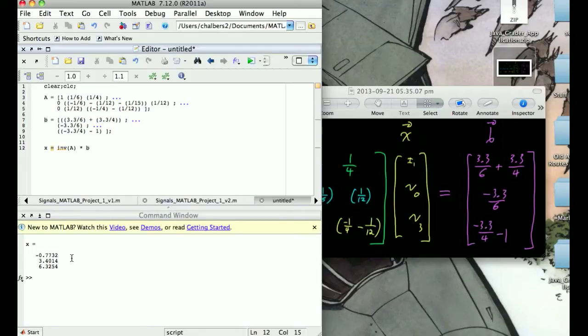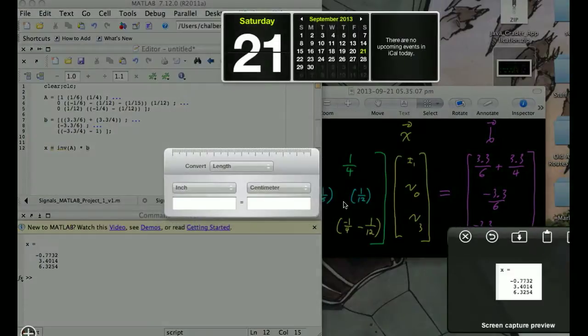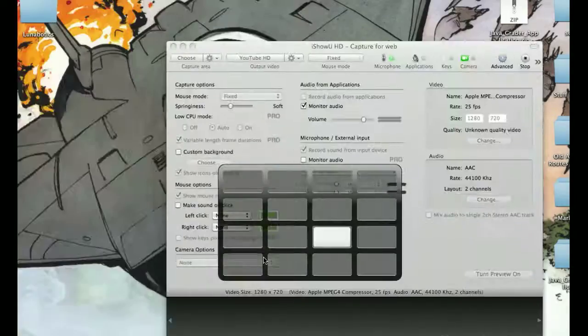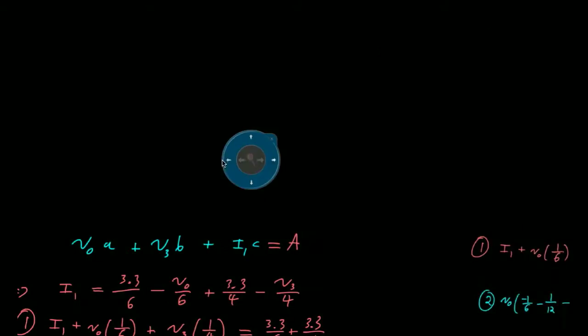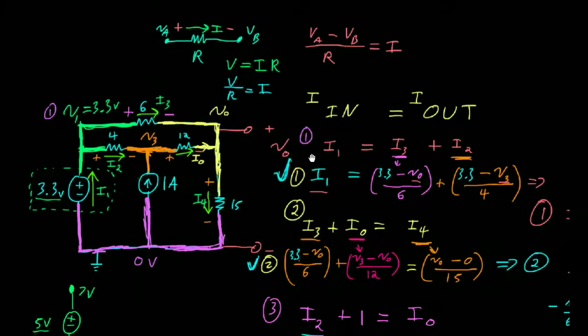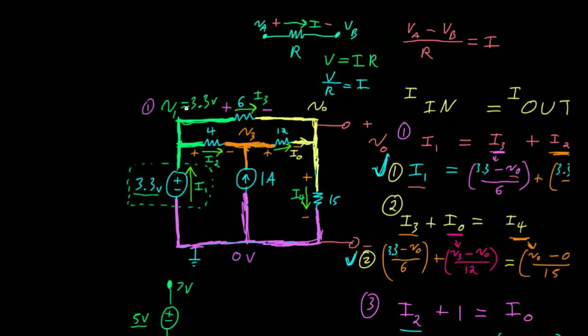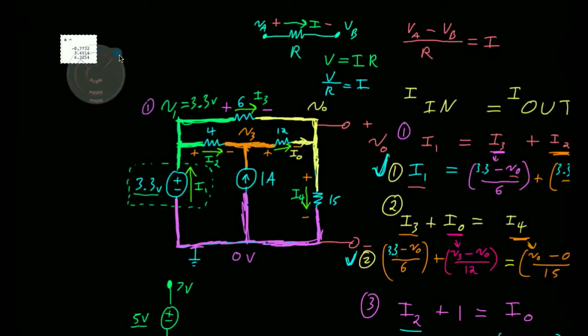So let me go ahead and grab a screenshot of this, and I'm going to put this back into my image file, and I'm going to go back over to where the circuit is. There, back to the circuit. And I'm going to paste. That's really small, but that's fine. So I paste my output in here.